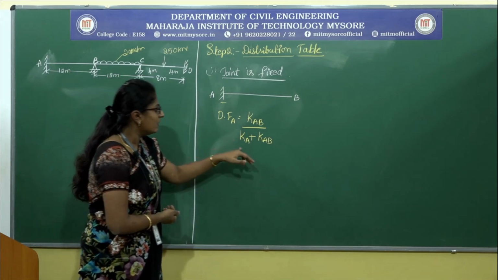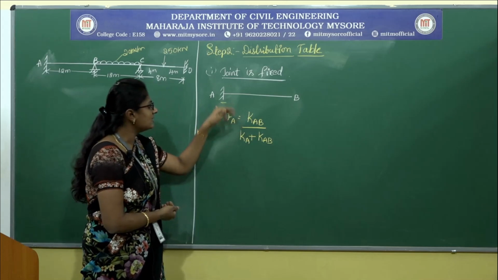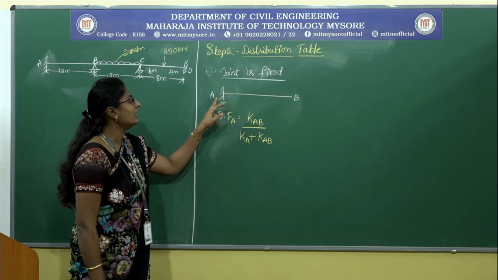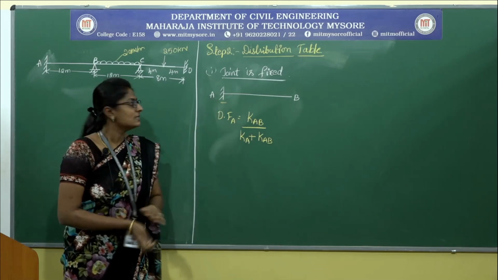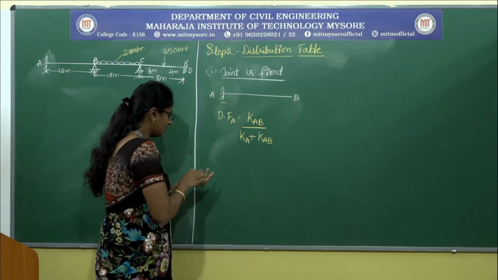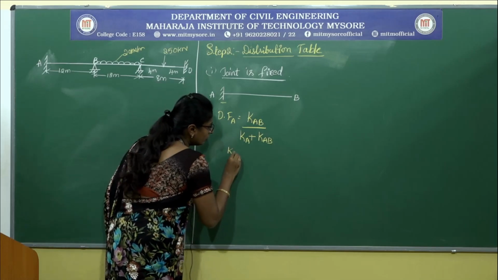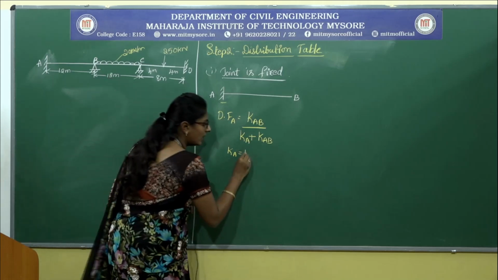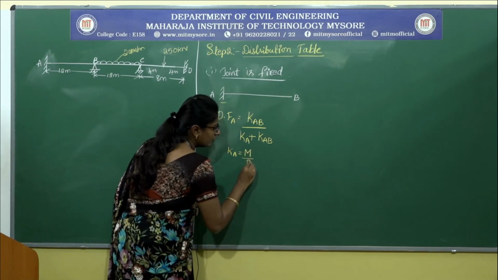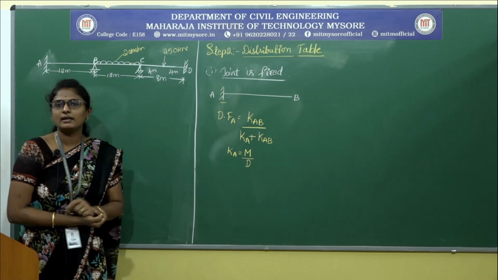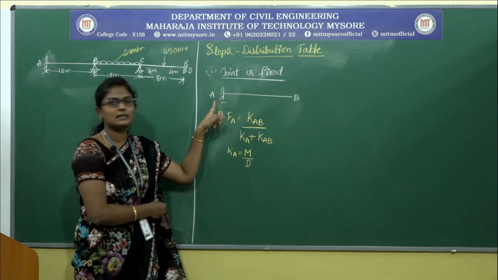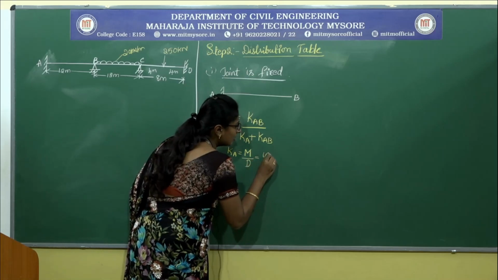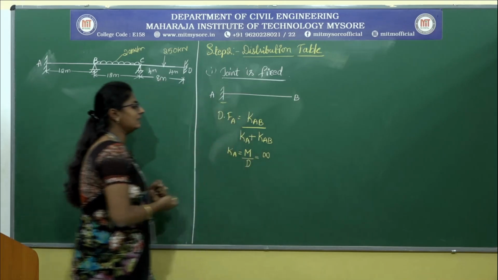But we have to now concentrate on this Ka. What is the stiffness at this joint A? Since it is fixed, and we know that stiffness is given by the moment required to produce unit deformation, in the case of a fixed support we have an infinite number of moments acting at that joint.